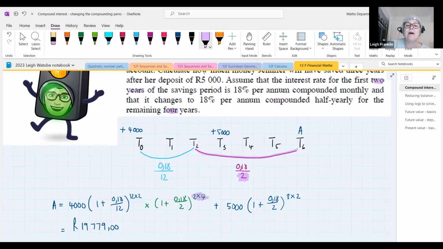It will be compounded 8 times during that period. Okay, in the first 2 years, it was compounded every single month. So that meant that it was compounded 24 times in the first 2 years, once a month for 2 years.